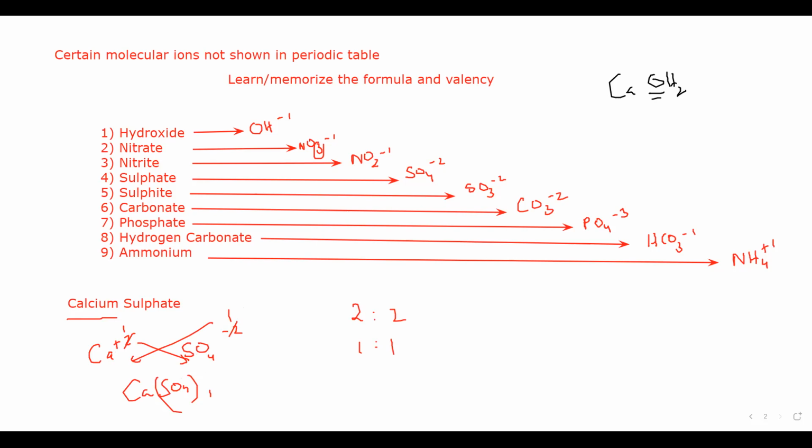So instead of putting a bracket, you can write CaSO4 without a bracket; if I write CaSO4 1, that does not make any difference. In a chemical formula, if it is 1, we do not draw a bracket. Is it clear?